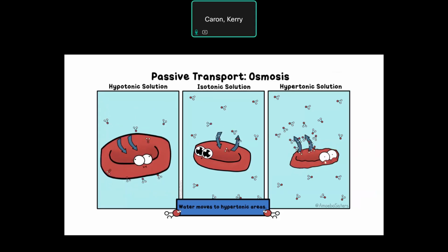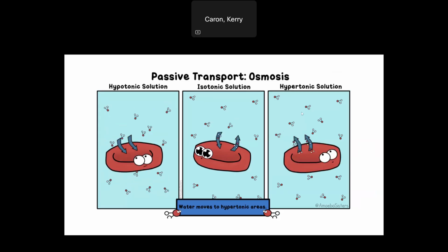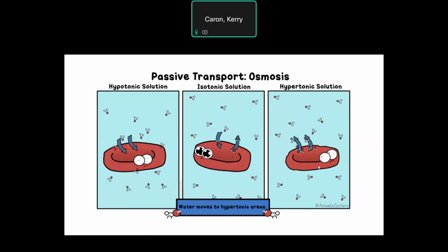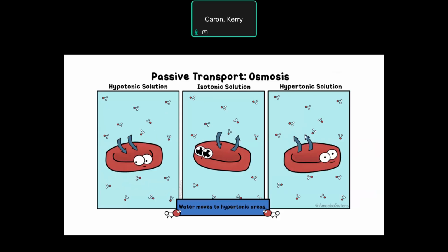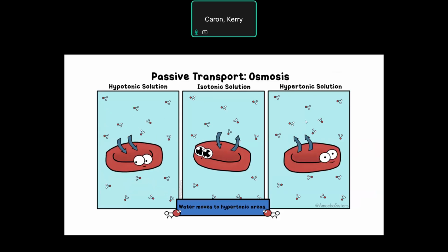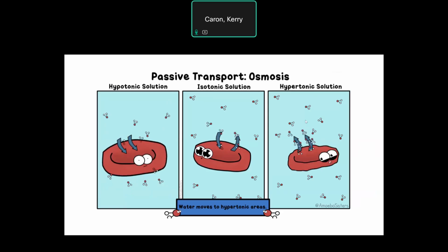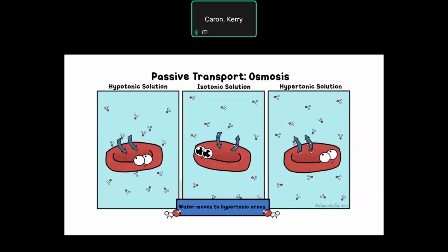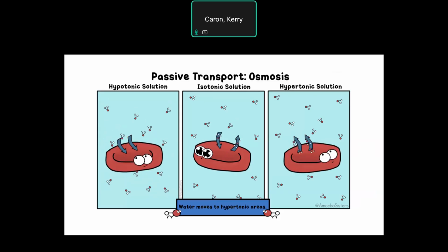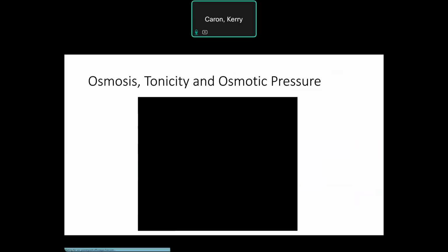In a hypertonic, if you've got too much concentration in your solution, the water from inside the cell is going to try to move out of the cell to dilute that solution, thereby shrinking your cell. So I like this animation because I feel like it visually shows you all of this being passive, requiring no energy.